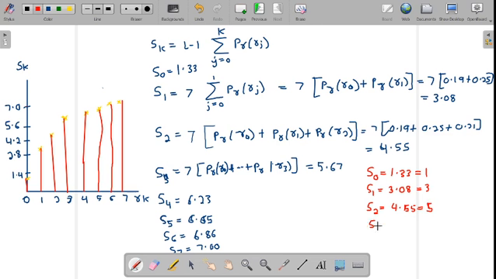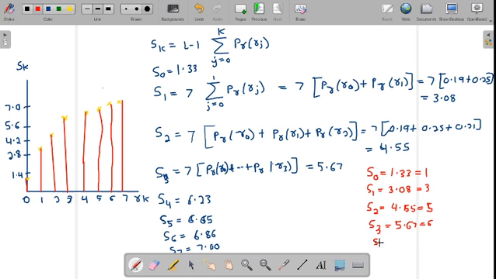What is S3? 5.67, so it is rounded off to 6.